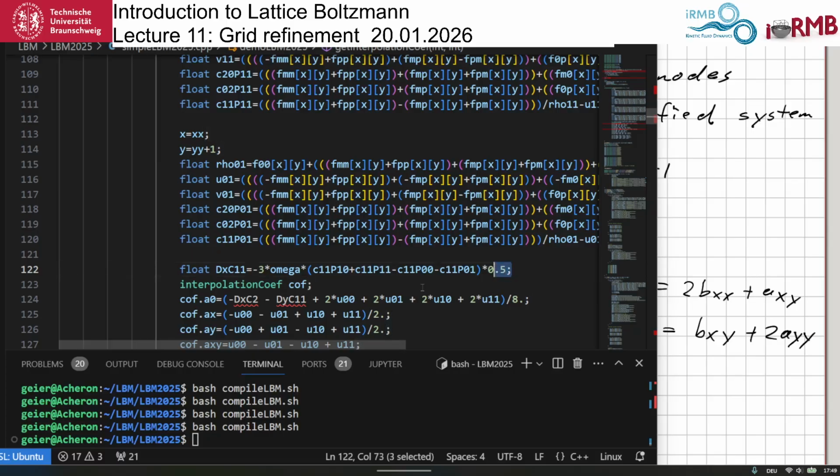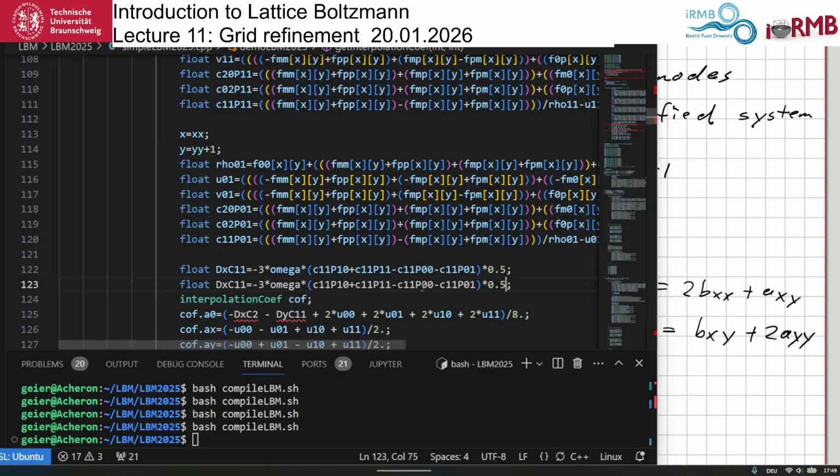So then do the same thing in y direction. So y direction, changing this here. Correct?